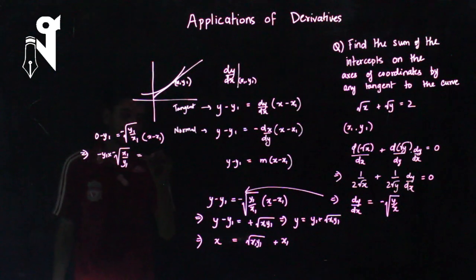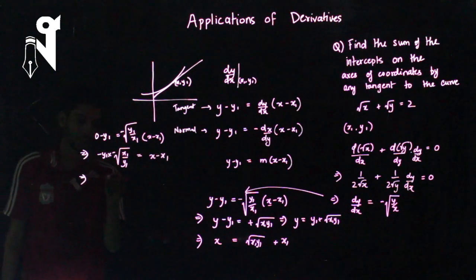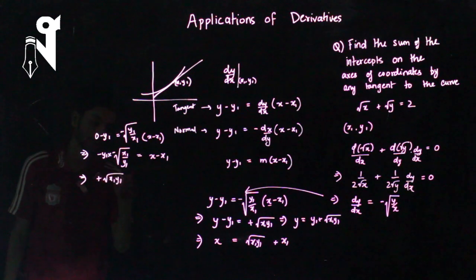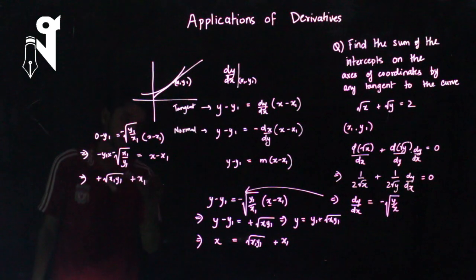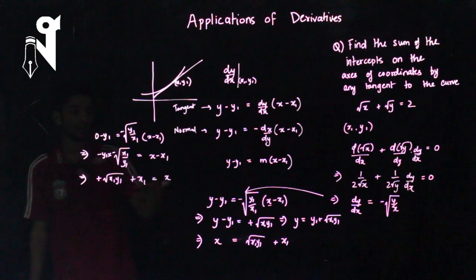This is equal to x minus x1. So the minus and minus becomes a plus. I have plus under root x1 y1 plus x1, taking x1 to the other side, gives me my x-intercept.